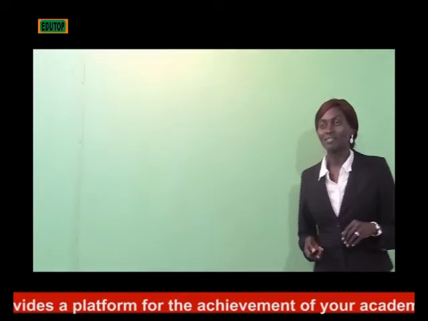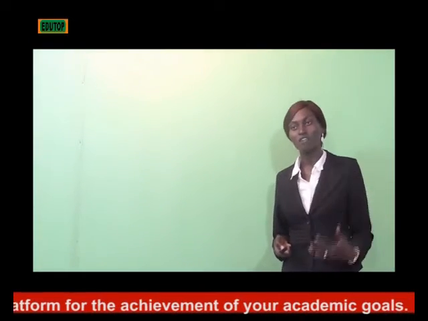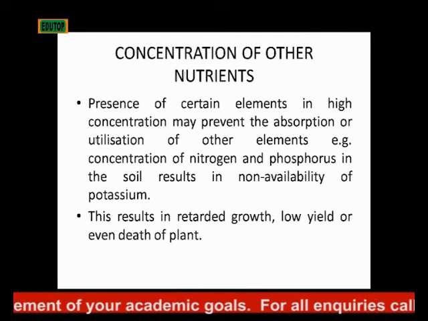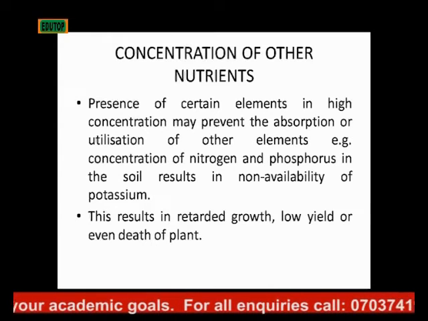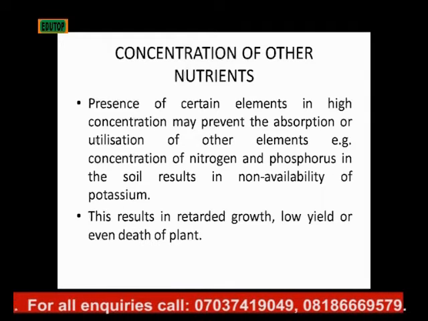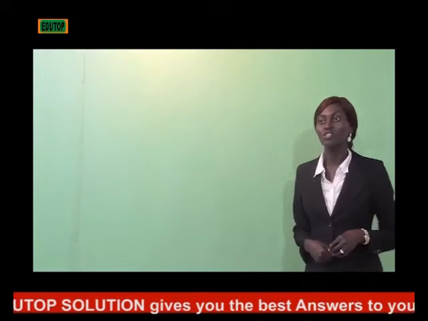Then another factor that influences nutrient availability in the soil is concentration of other nutrients. The presence of certain elements in high concentration may prevent the absorption or utilization of other elements, like overshadowing or competition. When there is a particular element that is so much in the soil, it will affect the presence of other elements because it is too much. It will be taking the space of others, and it will definitely affect your plant in the long run.